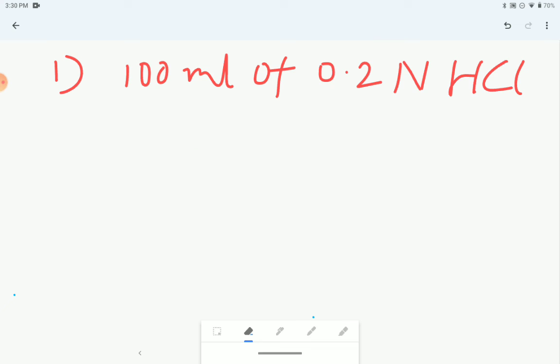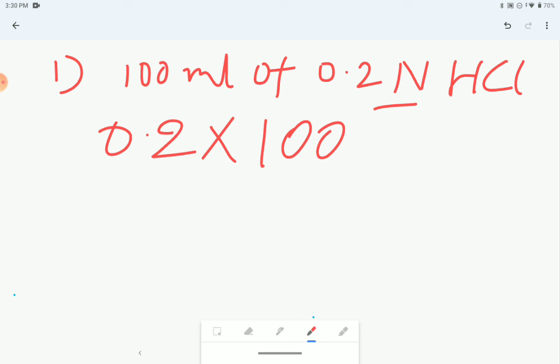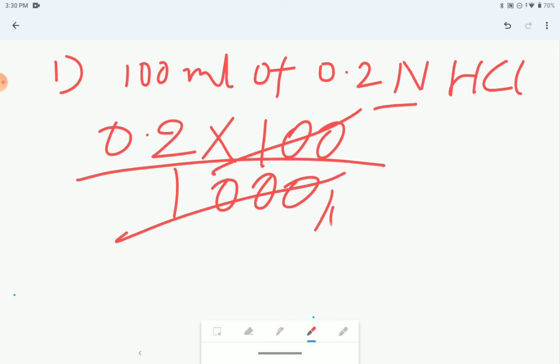So first option, let's check it. Normality is equal to molarity, because normality is molarity into X factor, and here the X factor is the basicity of HCl, which is 1. So normality is 0.2 and the volume is 100 milliliters, which is 100 by 1000, and this comes out to be 0.02.